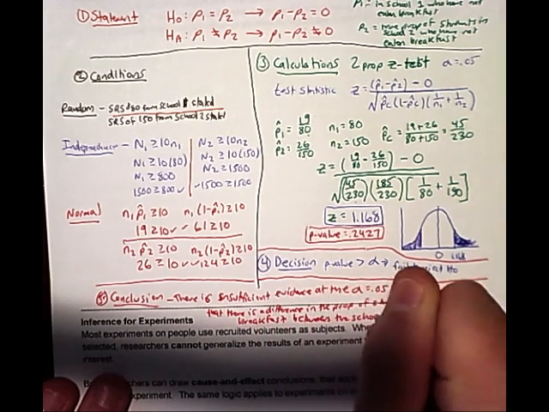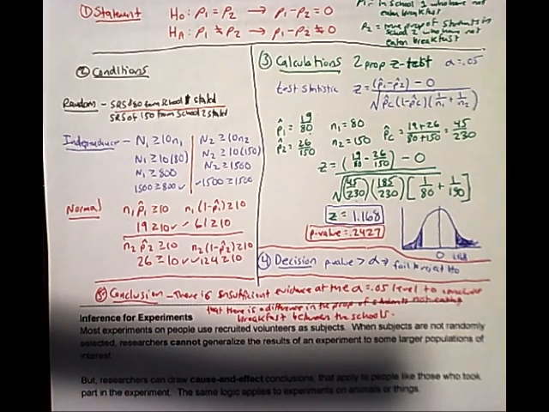Okay, something like that. Doesn't have to be exactly like that, but say there's not enough evidence to show that there's a true difference in the percentage or proportion of students who are not eating breakfast.